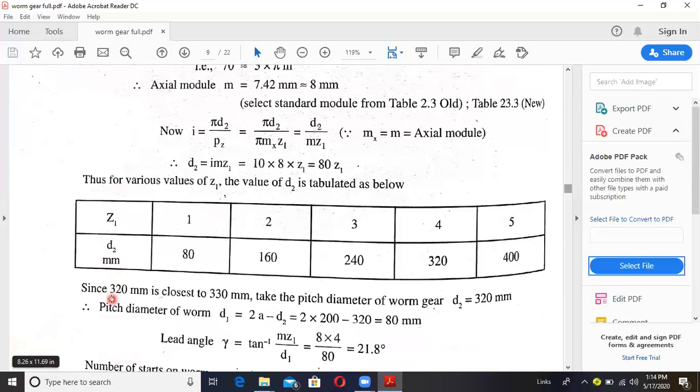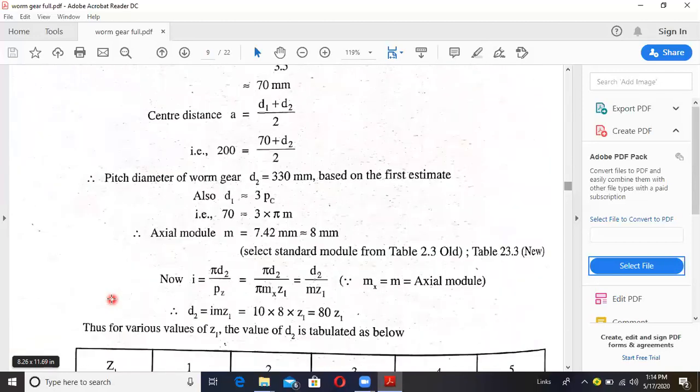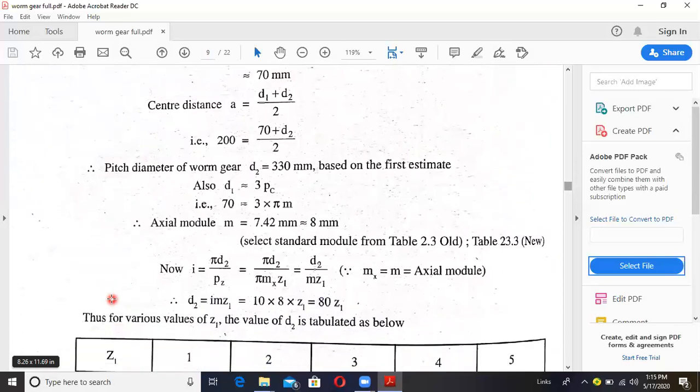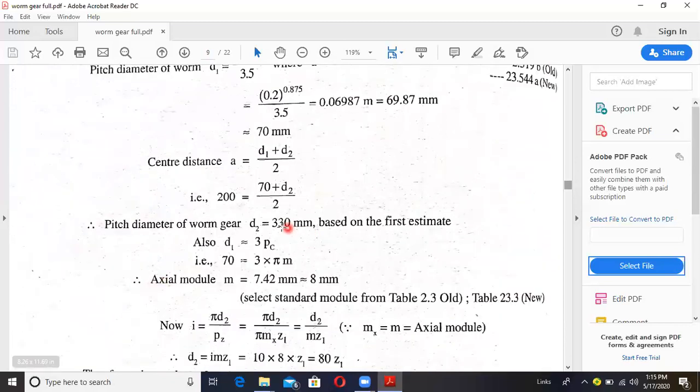Now see here, listen carefully. Already you have calculated D2. How much did we get for D2? D2 is equal to 330, we got, right? I already told you that whatever D2 you have calculated is the approximate value. Now go to the table.